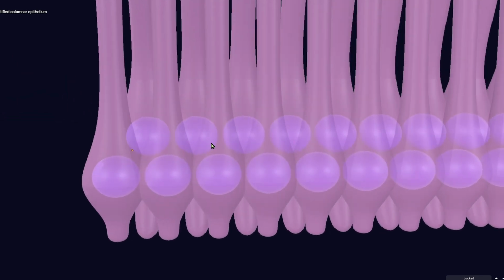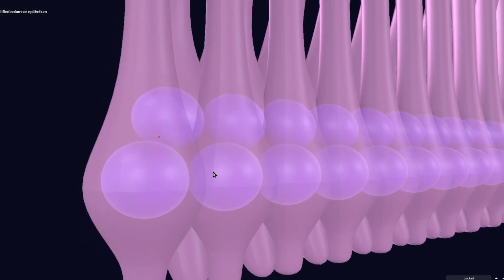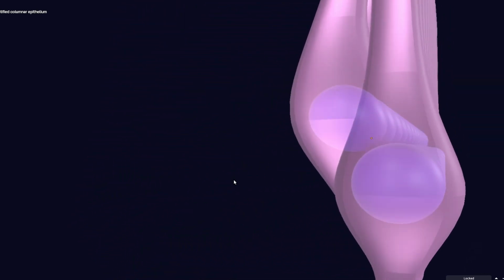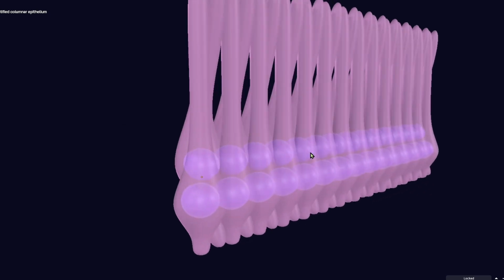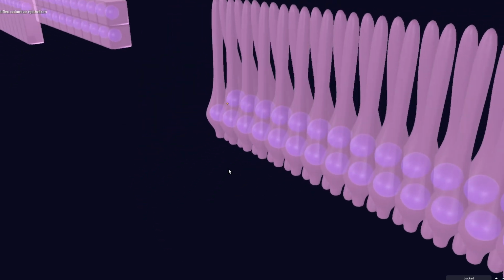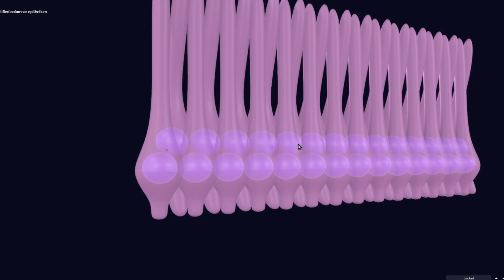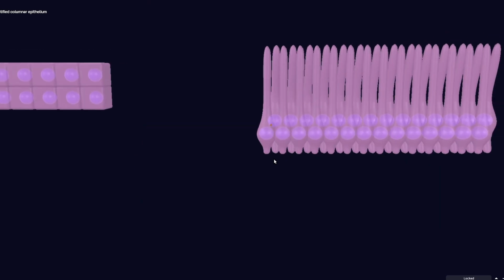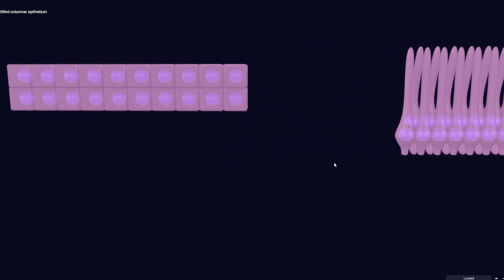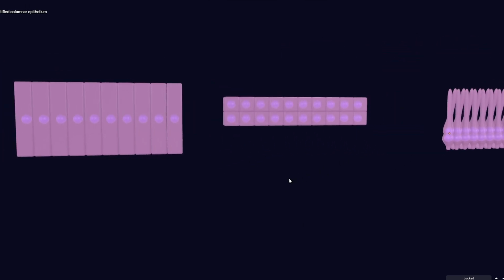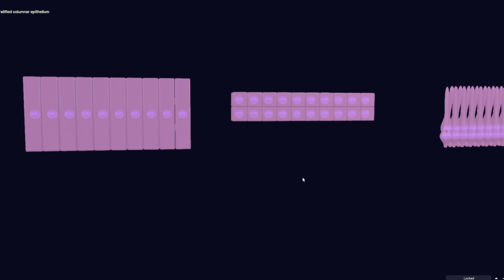Again, if you focus on this 3D model as well, you can see that the cells are arranged in a unique fashion. They are jumbled up together in a limited space, so it looks falsely stratified. So that is pseudo-stratified epithelium. And as I've told you, the cells are proliferating in a limited space.